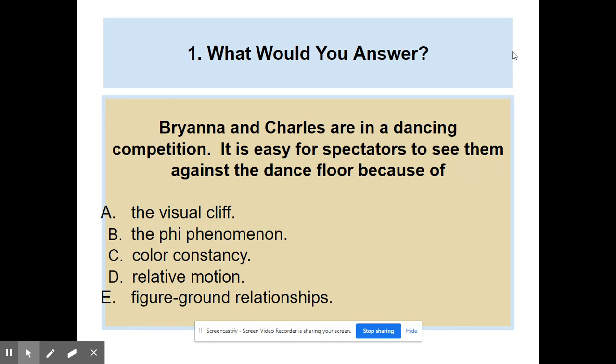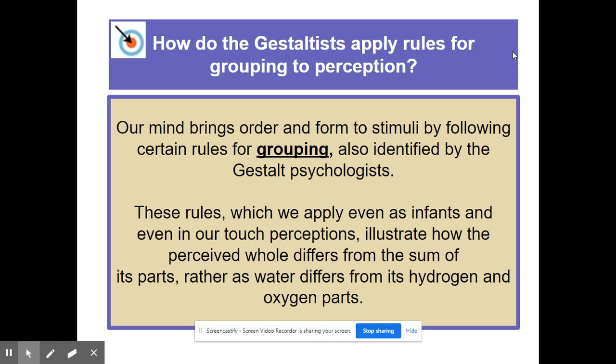We organize figures into meaningful forms. This is called grouping by Gestalt psychologists. We apply it even as infants, even in our touch perceptions, illustrating how the whole we perceive differs from the sum of its parts, much as water differs from its hydrogen and oxygen parts.